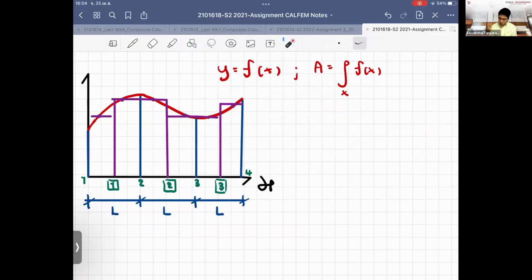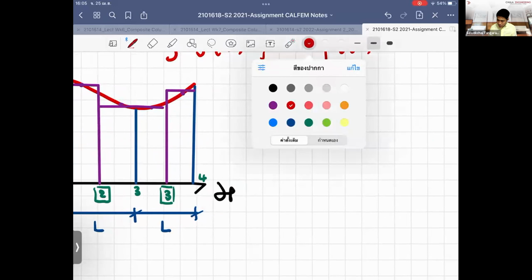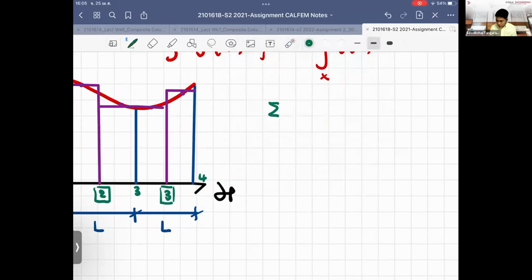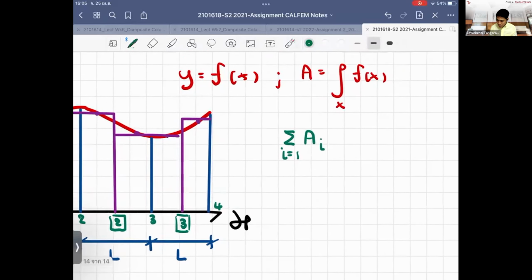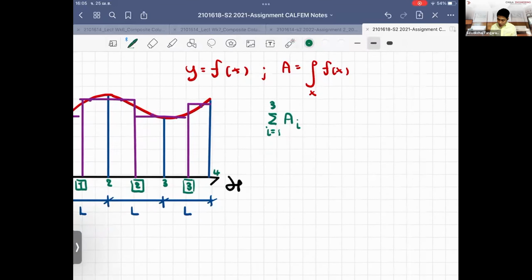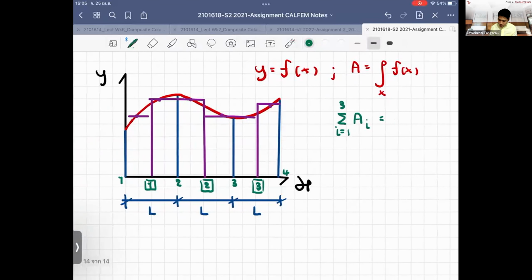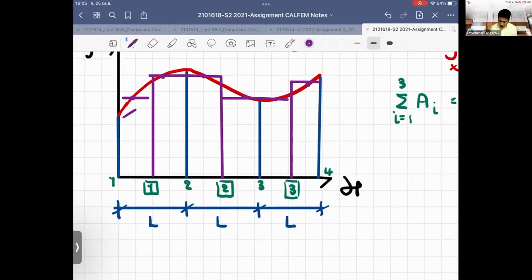So basically, I am trying to find the area underneath the nonlinear curve over here. But if we use some type of approximation, it is the summation of the areas for each of the linear portions that I discretized, from 1 to 3. And each portion gives me the approximation of the area as linear, which is a constant.